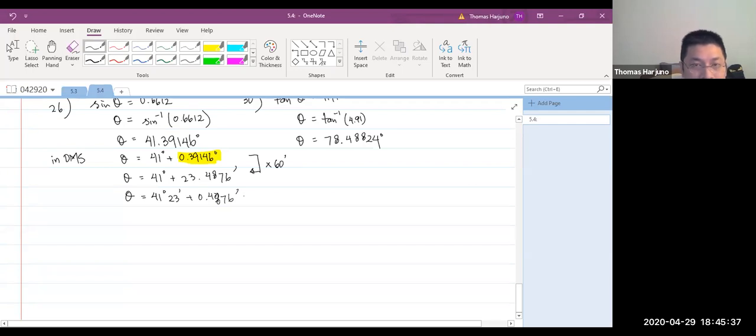Change this to seconds: 1 minute is 60 seconds. 0.4876 multiplied by 60 gives 29.256 seconds. Rounded to the nearest second, that is 41 degrees, 23 minutes, 29 seconds.